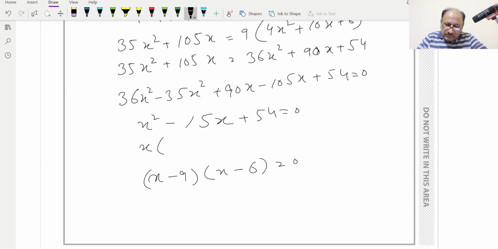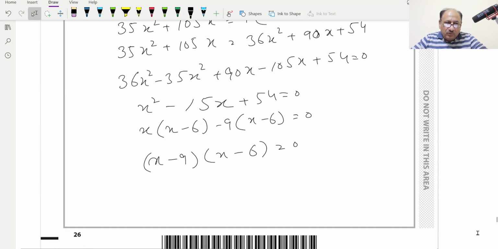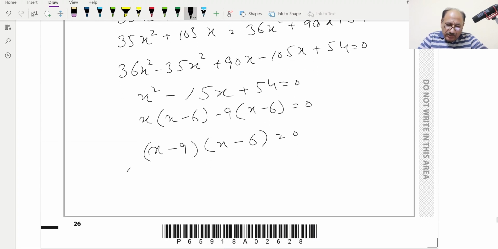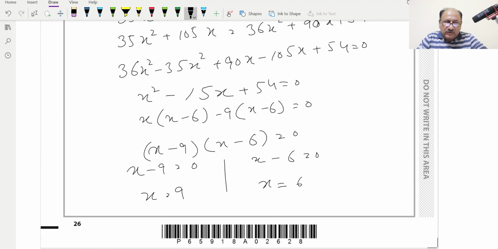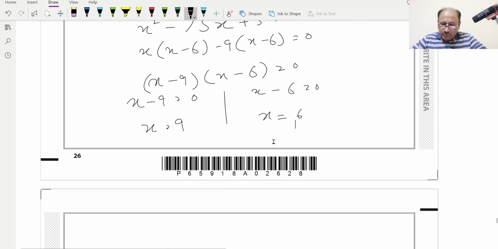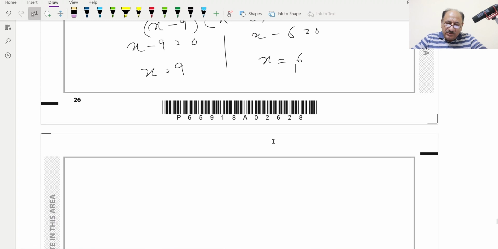This is the intermediate step. Now this implies x minus 9 is equal to 0, or x minus 6 is equal to 0, so x is equal to 9 and x is equal to 6. So these will be the two values of x.